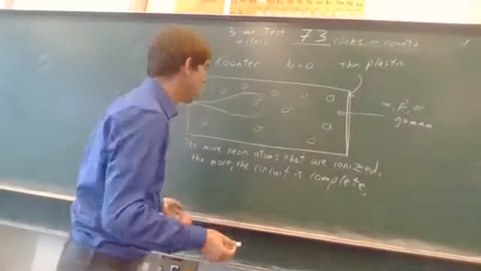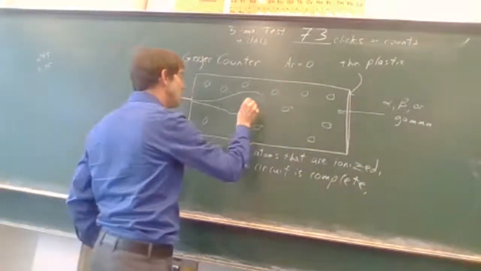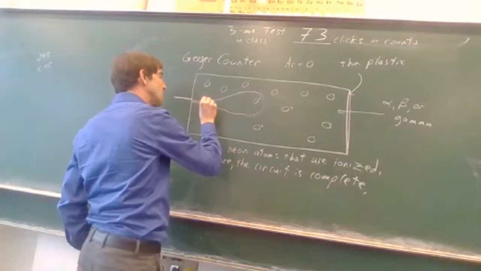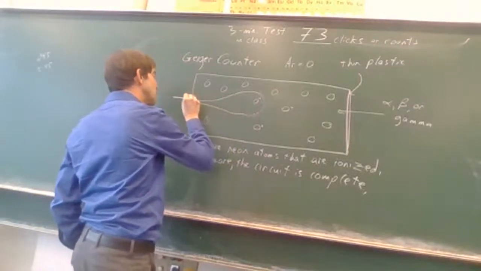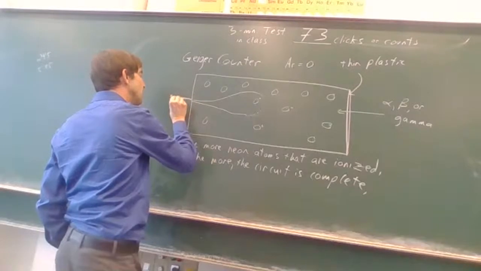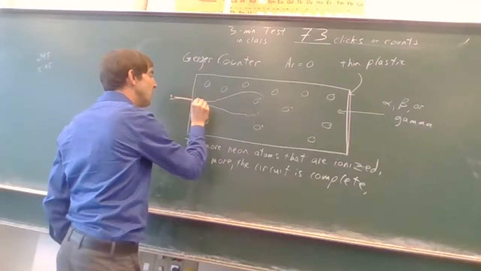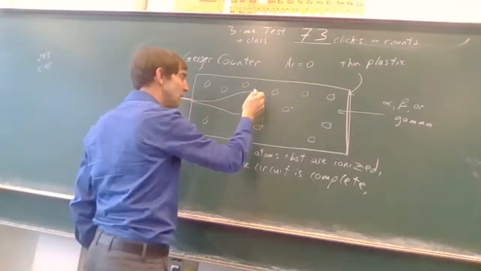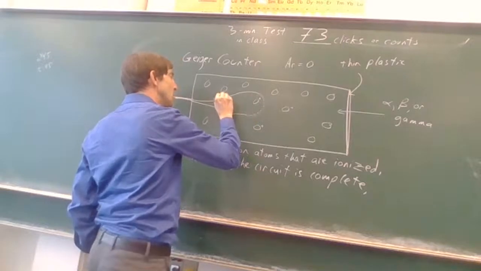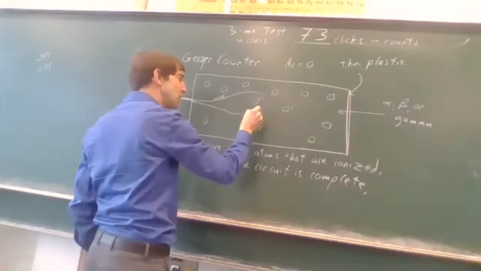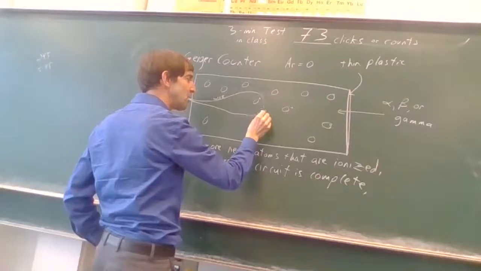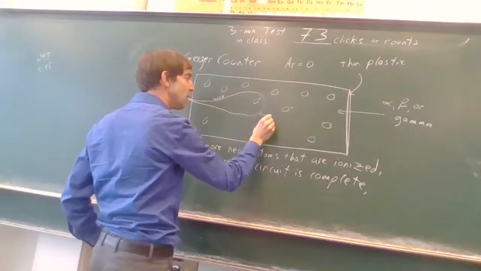Okay, let's finish our Geiger counter. You know what I'm saying? So here I got, this is a circuit, right? So I got this side positive, this side negative. And then I got an incomplete circuit. This is a wire. And that wire is incomplete, but it becomes complete when these guys float in here, right?